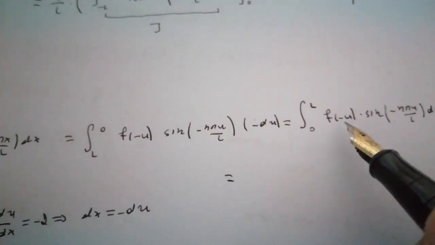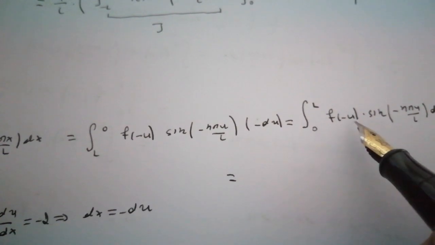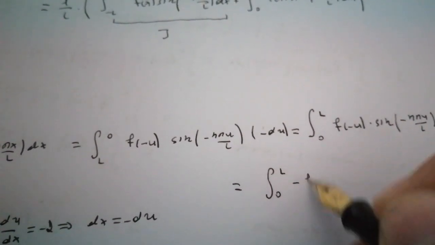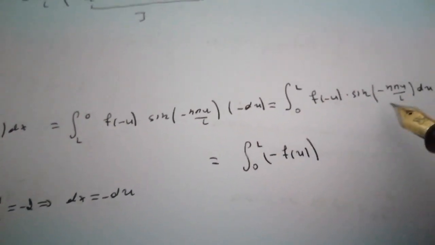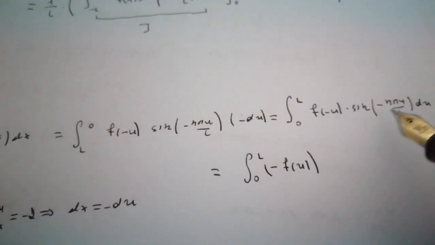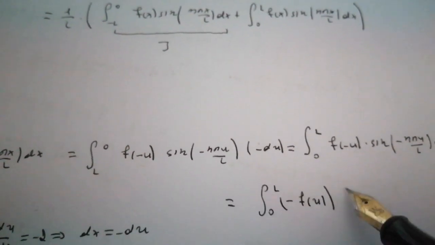Of course, f is an odd function, so f of minus u is equal to minus f of u. And the sine of minus n pi u over L is minus the sine of n pi u over L, so it's minus.